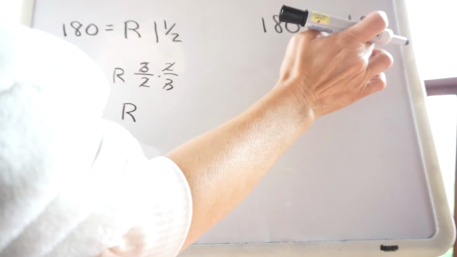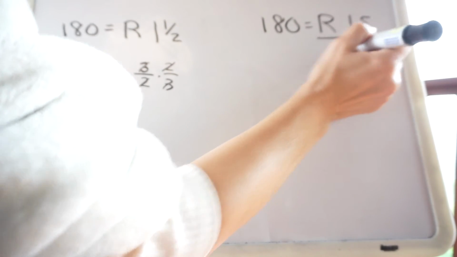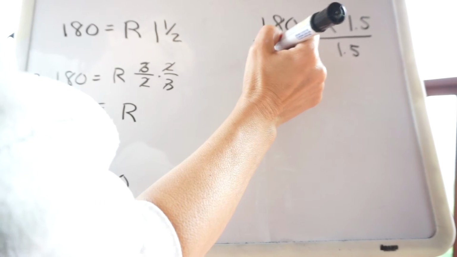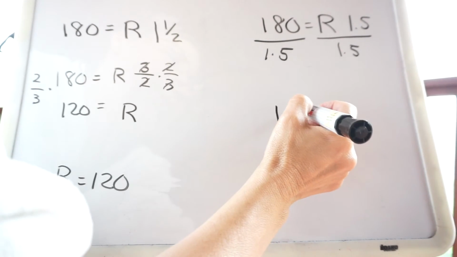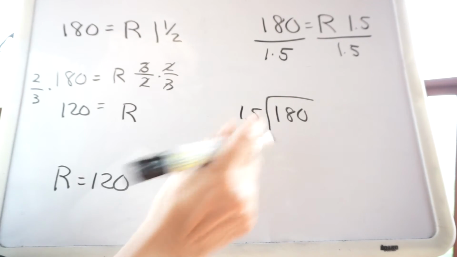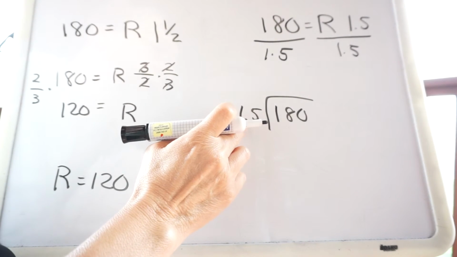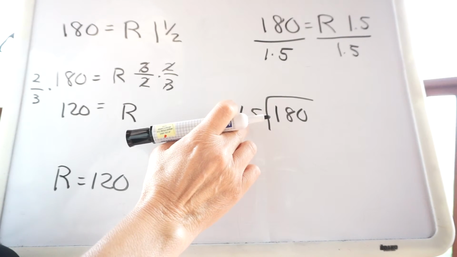Here, the rate is being multiplied by this. To undo it, we're going to divide. So 180 divided by 1.5. We can't have a decimal in the divisor when we're dividing, so we have to get rid of this.